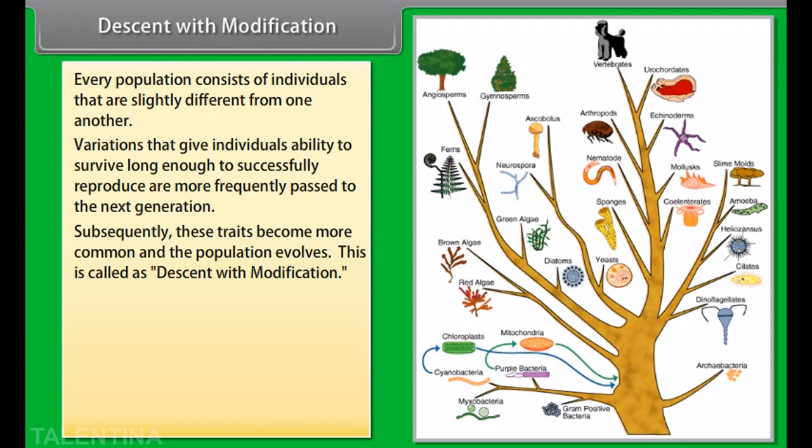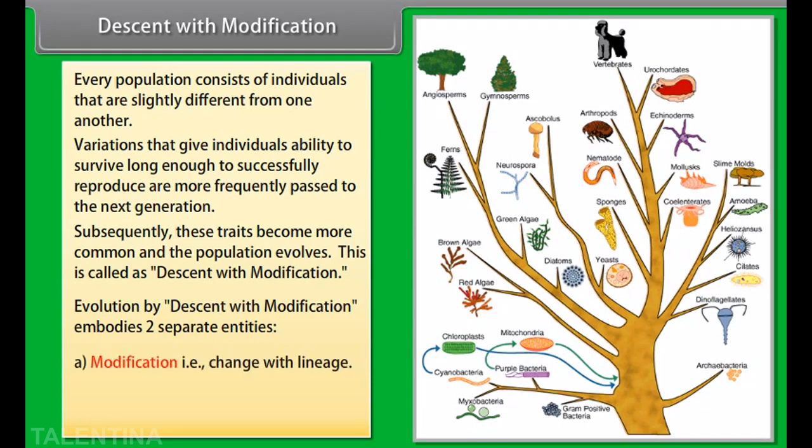This is called descent with modification. Evolution by descent with modification embodies two separate entities. A. Modification, that is, change with lineage. B. Branching, that is, different species share common ancestors.